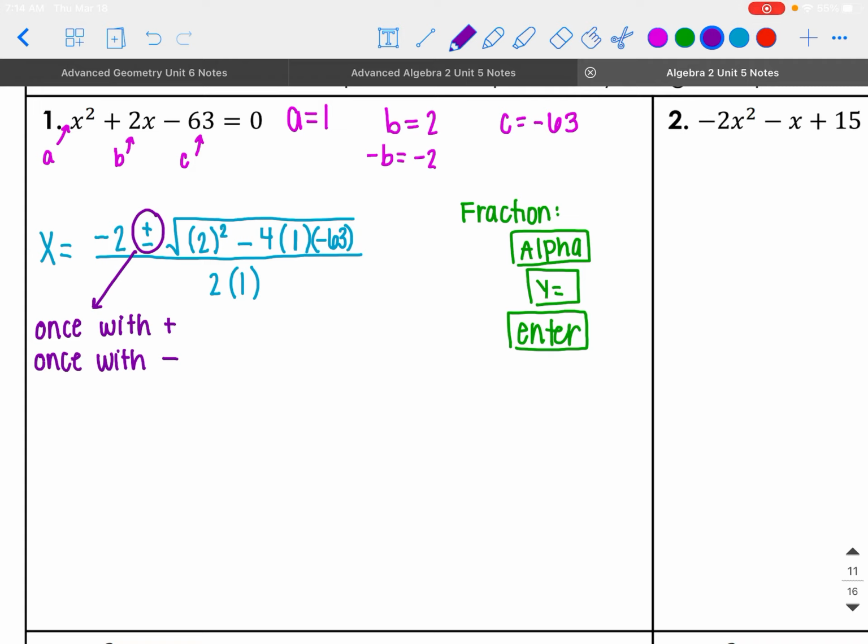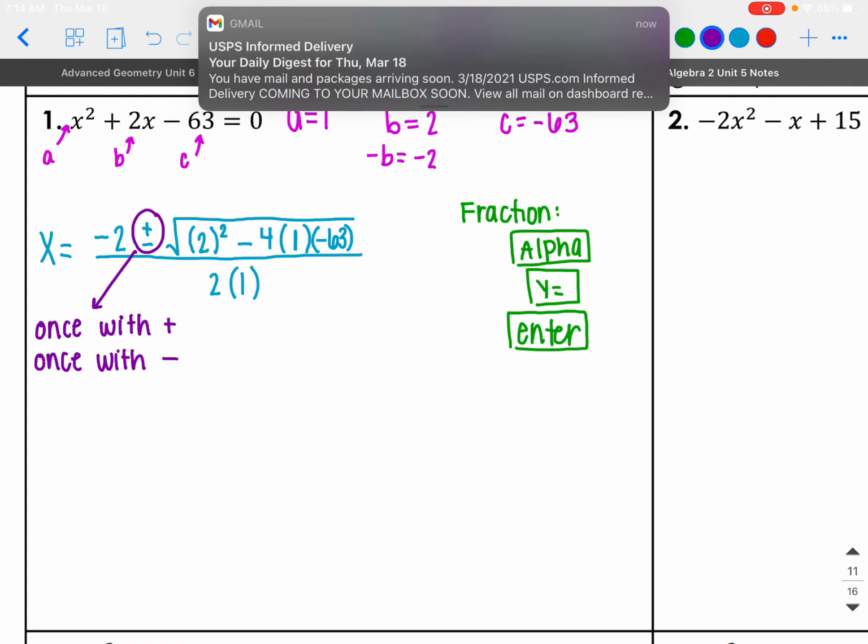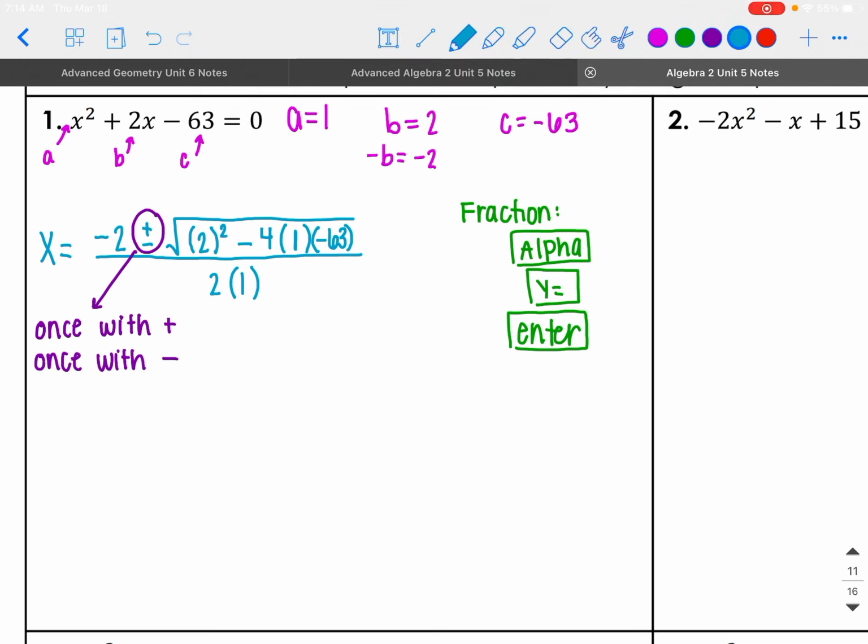And I go down and type 2 times 1. What you have on your calculator should look identical to what's written here, except you don't have a plus or minus. Yours should just be plus. Okay, and you get 7.